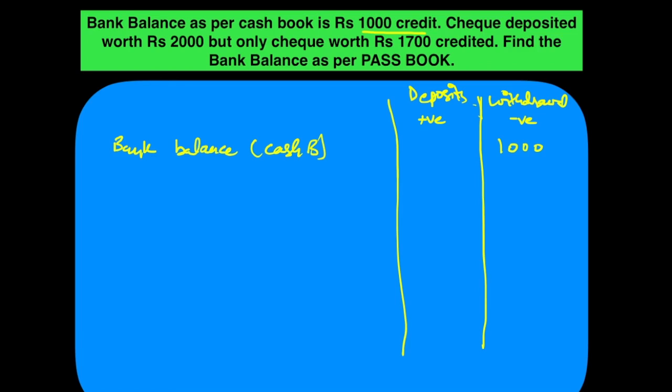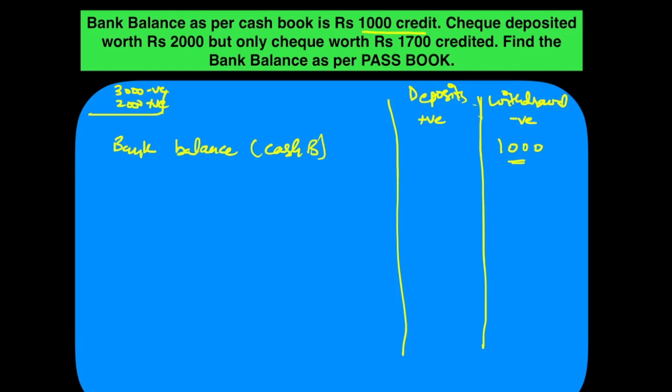Check deposited worth rupees 2000. So check has been deposited worth rupees 2000, which means the account holder was supposed to get rupees 2000 through the check and it is already counted while arriving at this negative value of rupees 1000, which means that he had 3000 as negative balance and he received 2000 from the check.